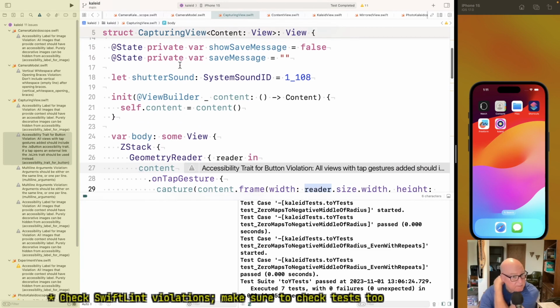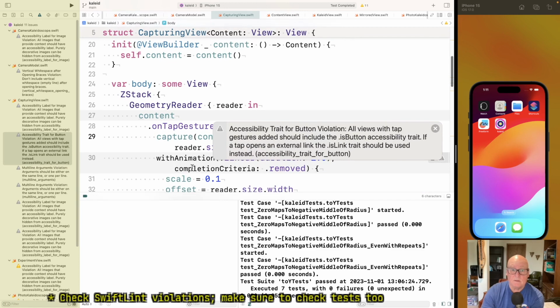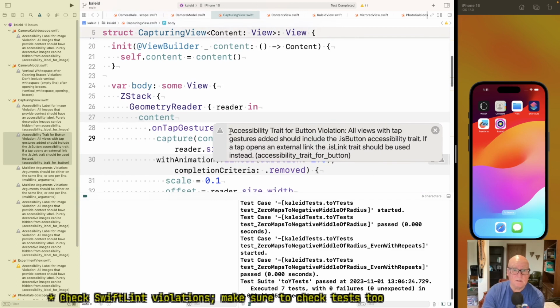This is capturing view. All buttons with tap gestures should include the is button accessibility trait.